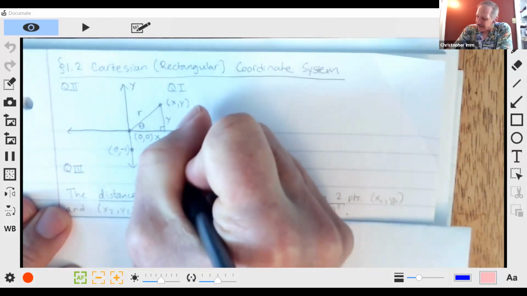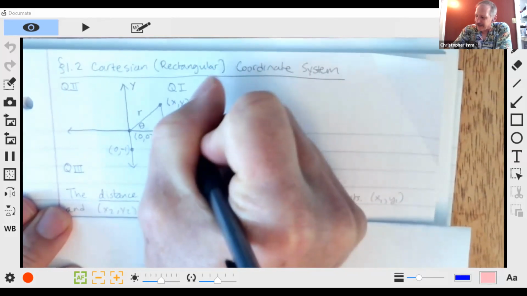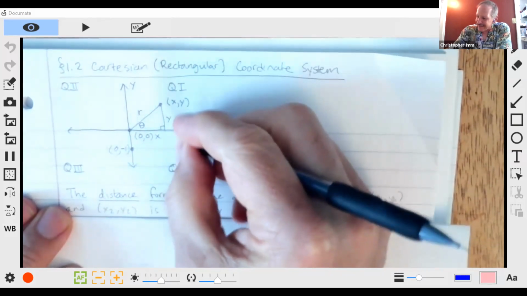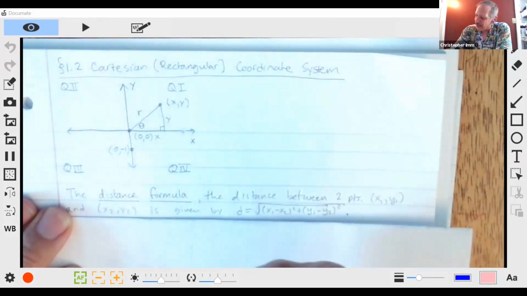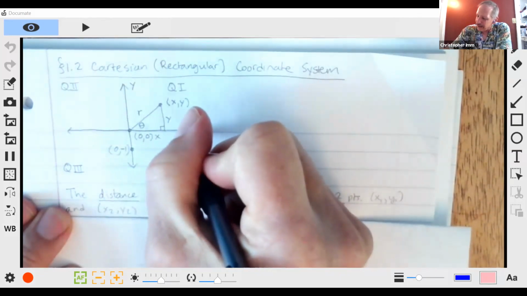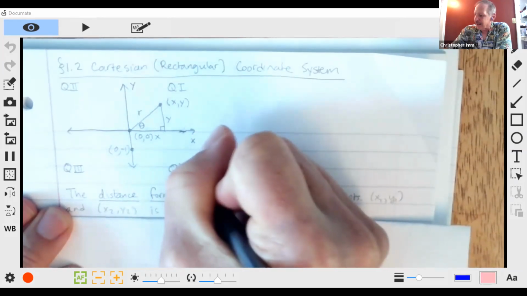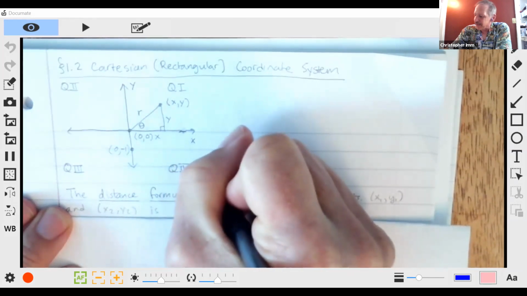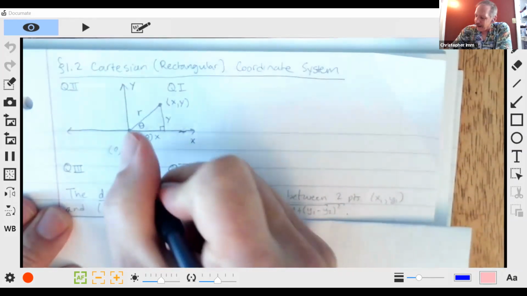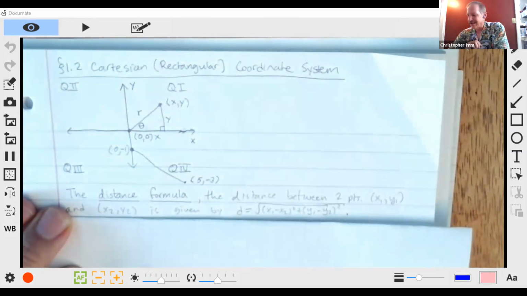And then let's say that we have another point over here. Let's not put this one on the axis, that might be a little bit too easy. Let's put this one at 5, -3.